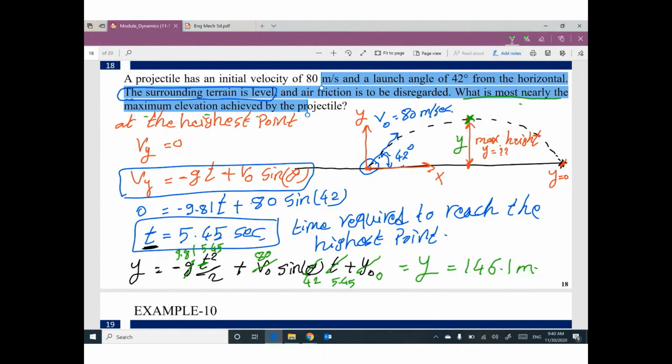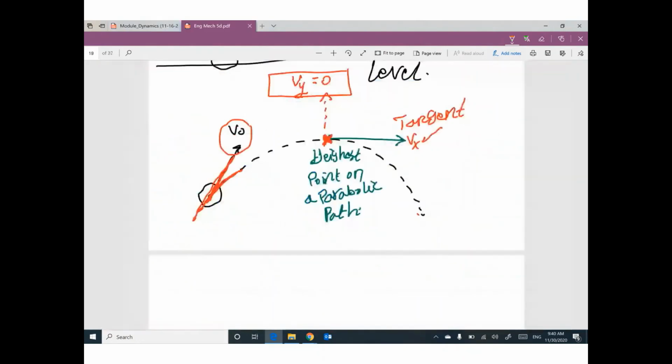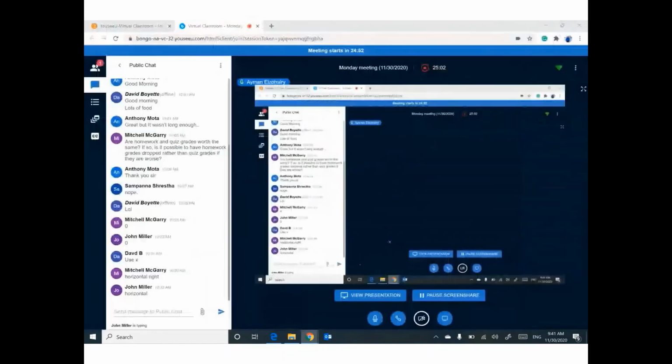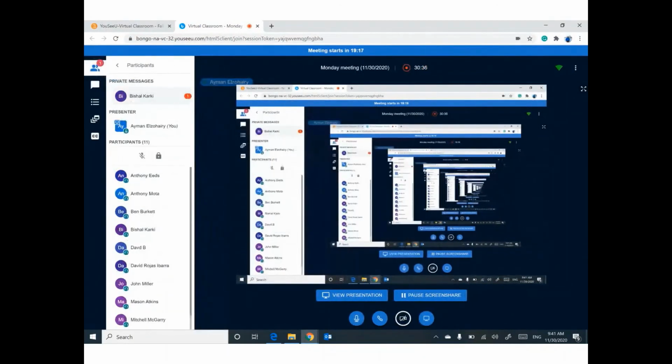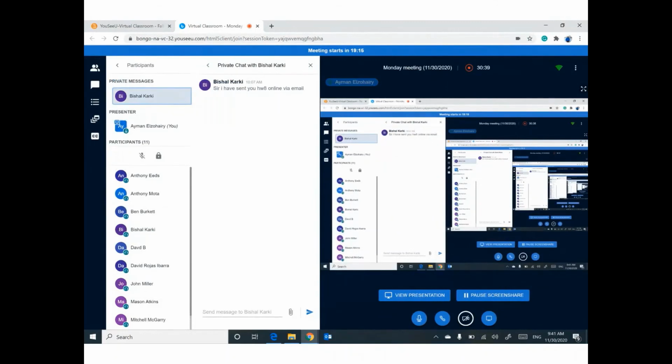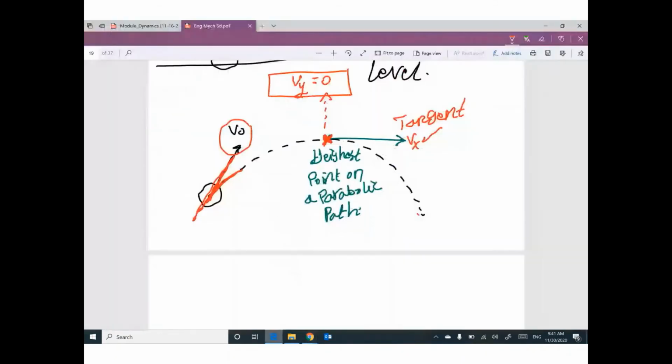The key to solve this example is this information: at the highest point, we don't have a vertical component for velocity. The only component is horizontal. Why? Because the tangent for a parabola at the highest point must be horizontal. Any question? Any question so far?